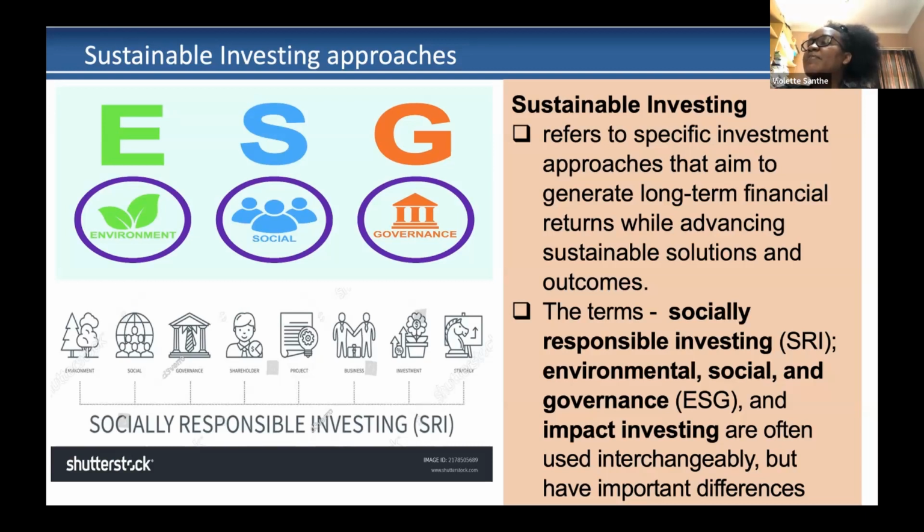And then impact investing. These three terms are often used interchangeably but have important differences. We'll start with the first approach, which is socially responsible investing. Next slide, please.